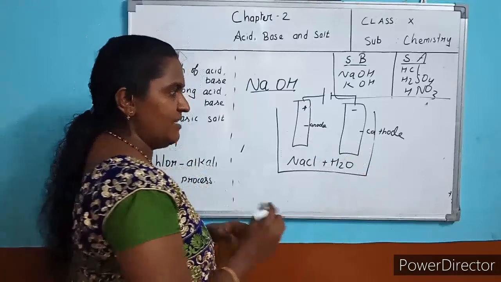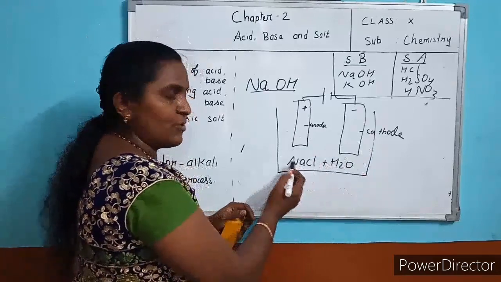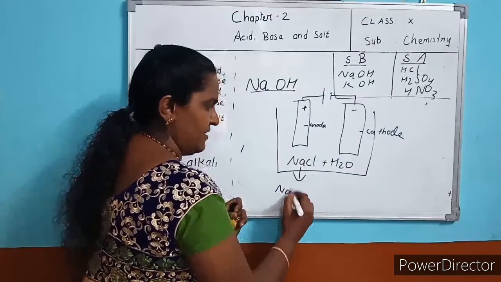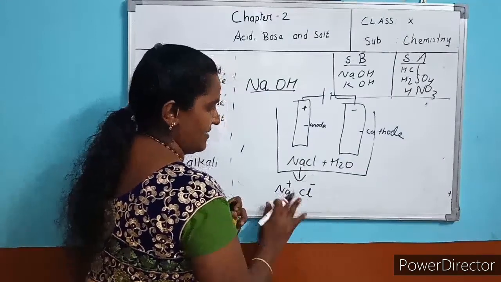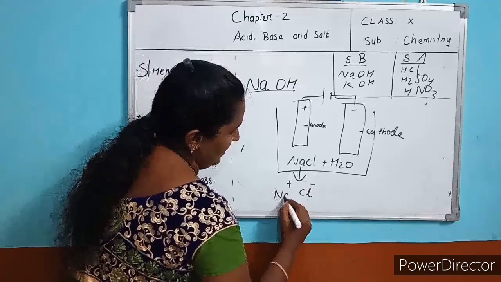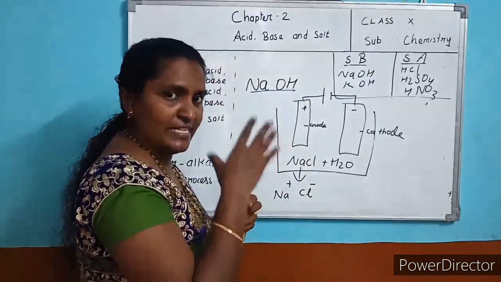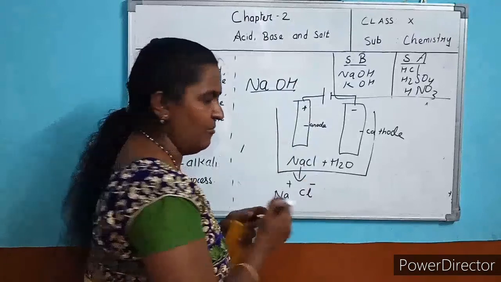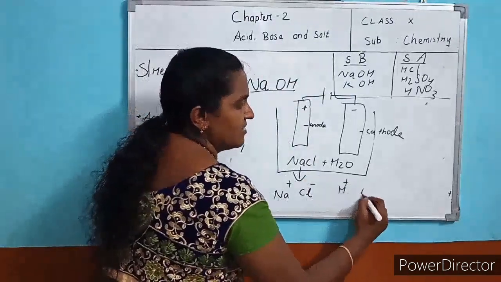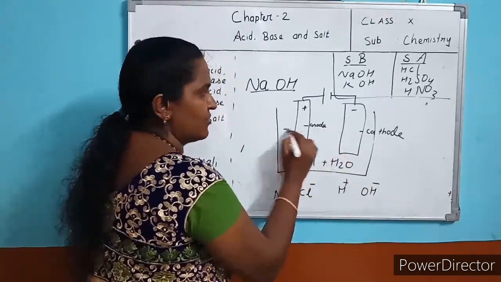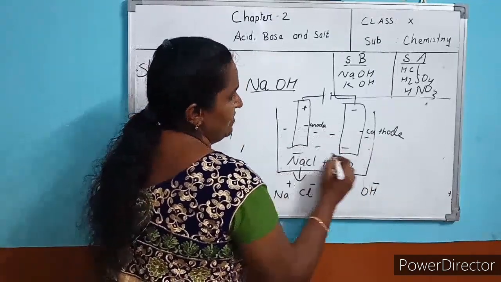Now what happens is, as soon as you add water to NaCl, you will have the ions Na plus and Cl minus. Some of the water molecules dissociate to form H plus and OH minus ions.